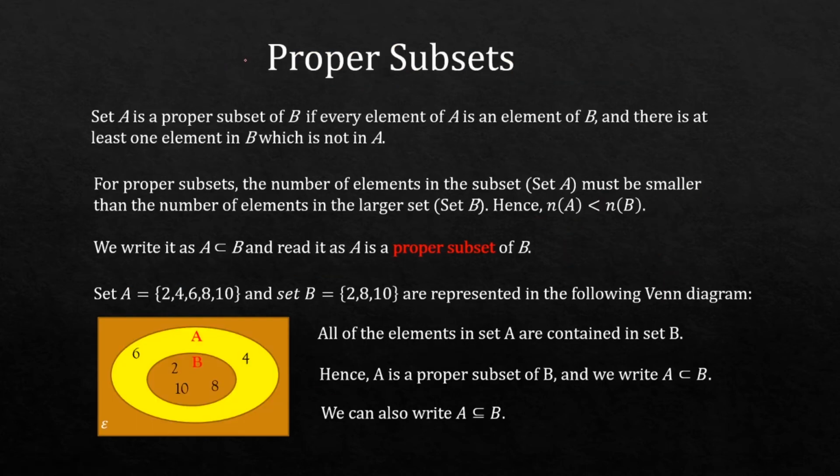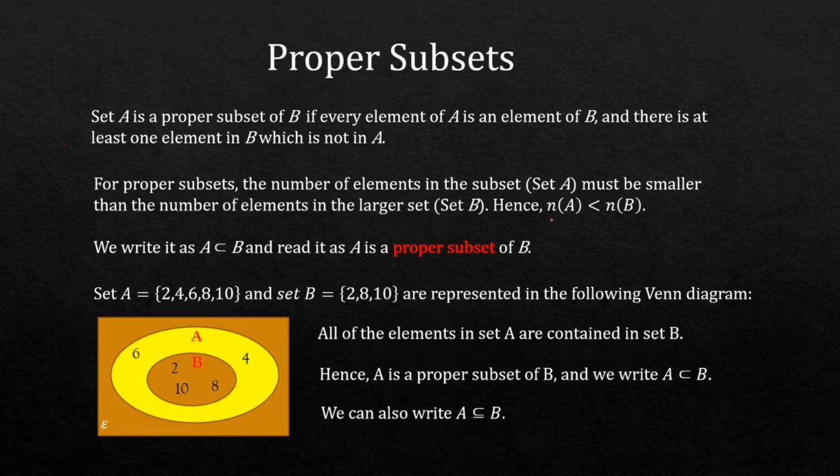We've talked about subsets, but now let's consider what proper subsets are. Set A is a proper subset of B if every element of A is an element of B and there is at least one element in B which is not in A. For proper subsets, the number of elements in subset A must be smaller than the number of elements in the larger set.